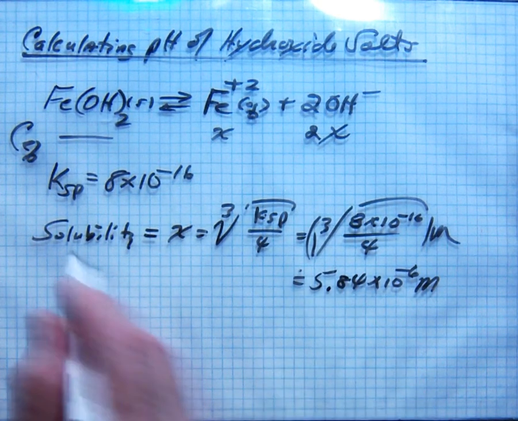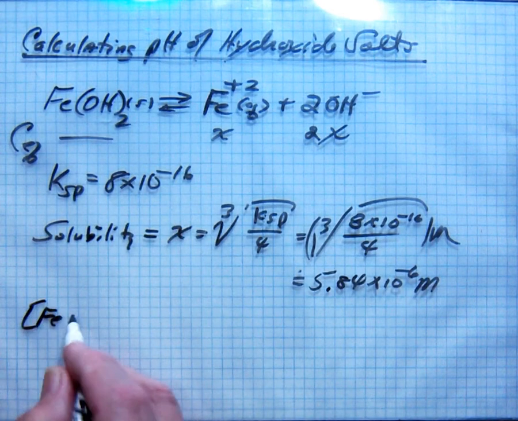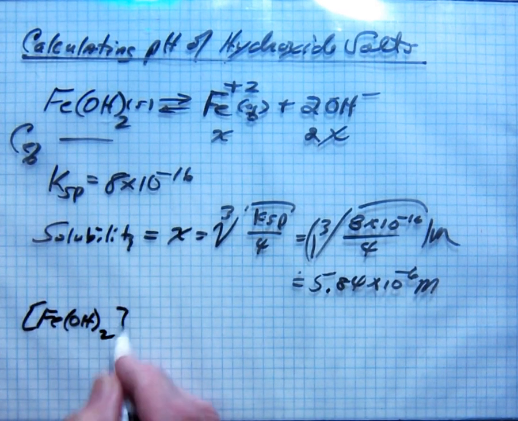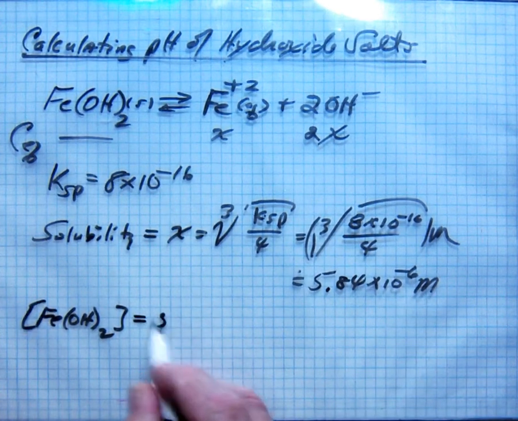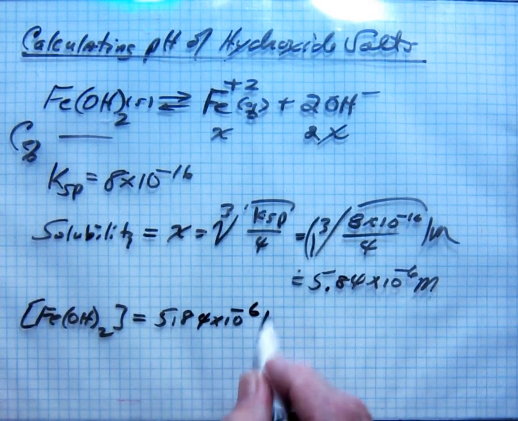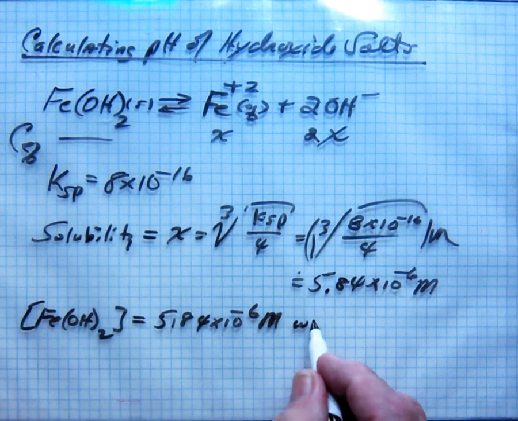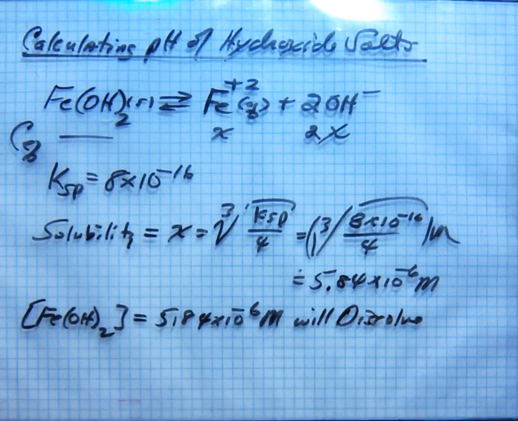Okay, if this is the solubility, that is simply meaning that the FeOH2 molecule will only, 5.84 times 10 to the minus 6 molar will dissolve. That's what the X means.